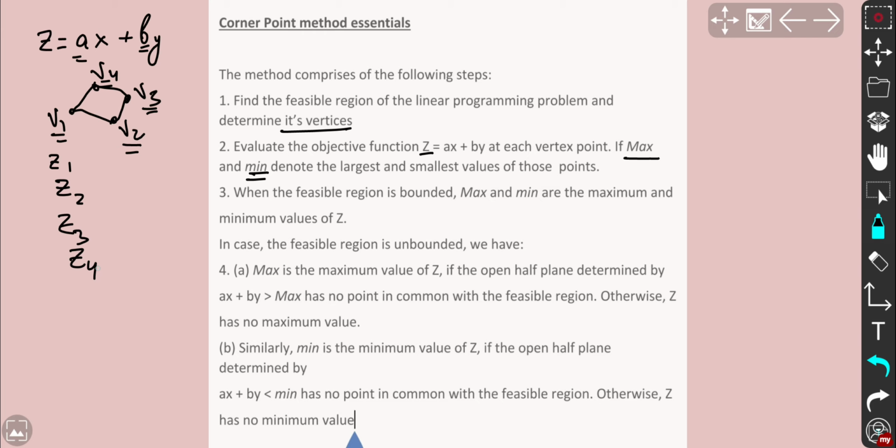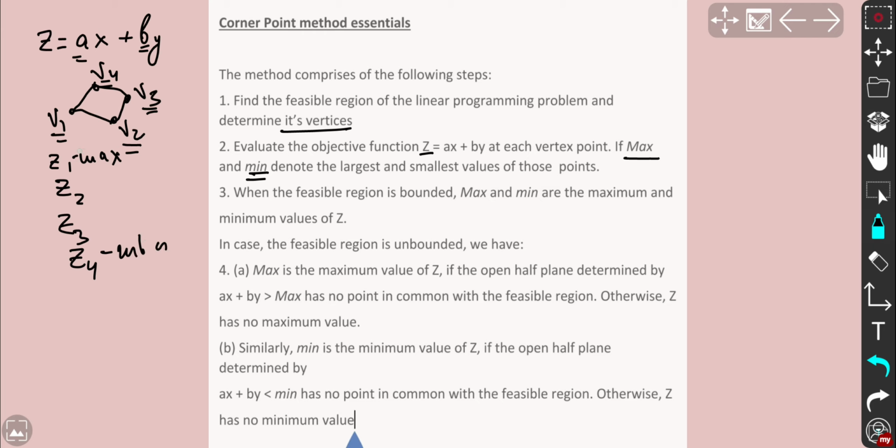In this case, you can visualize all the values, and if the region is bounded and represented by a convex polygon, the maximum and minimum values become the max and min values of Z. Okay, so let's say you defined this as max, and for example this as min.